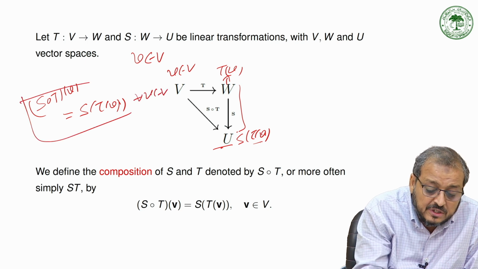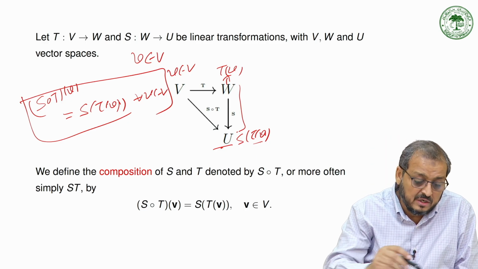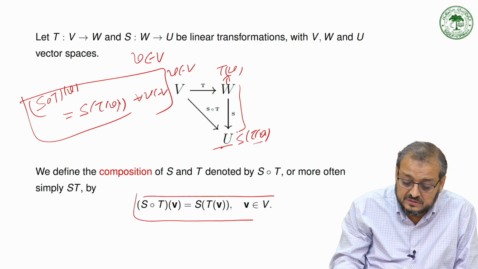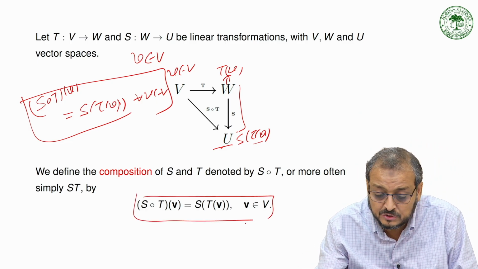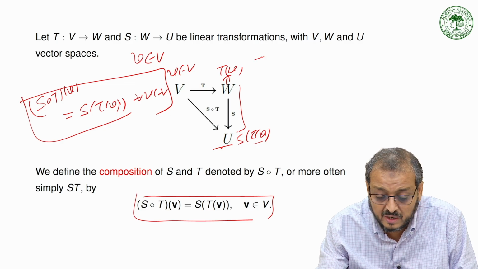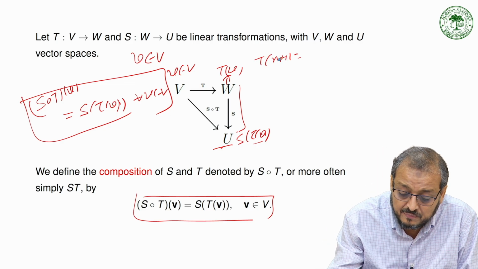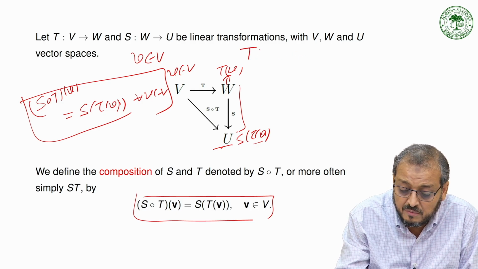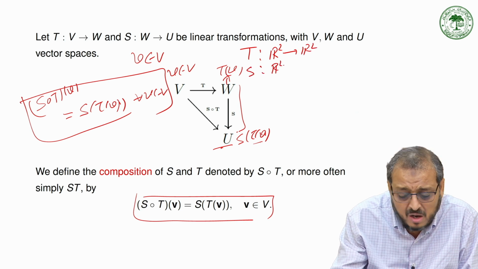So the composition of two linear maps is defined in this form. For example, how do we calculate the composition? We take two simple linear maps, T from R2 to R2, and S also from R2 to R2.